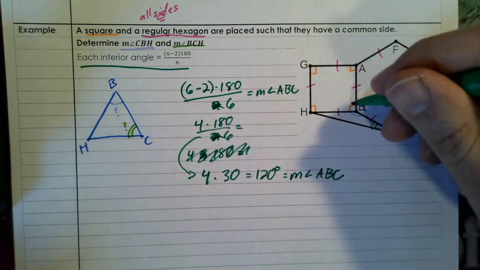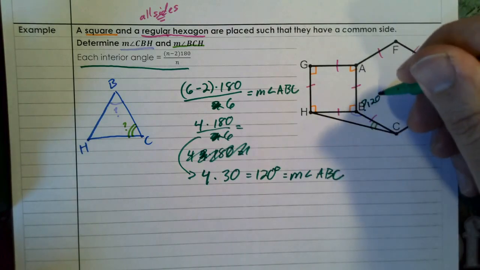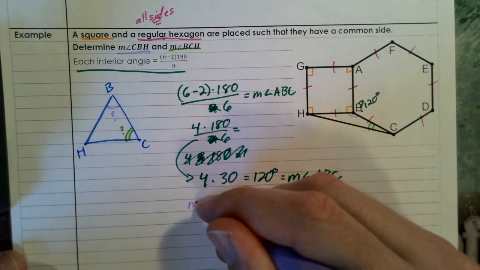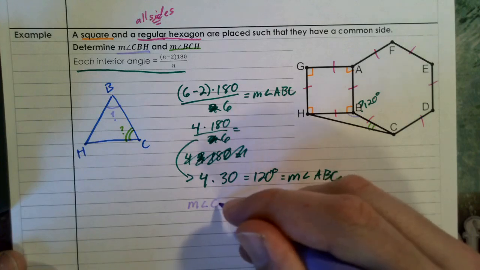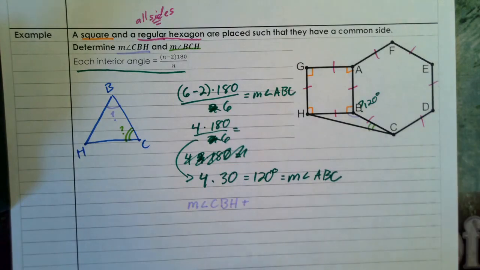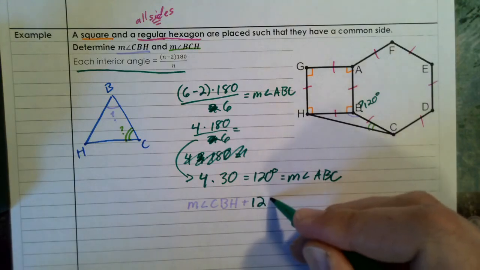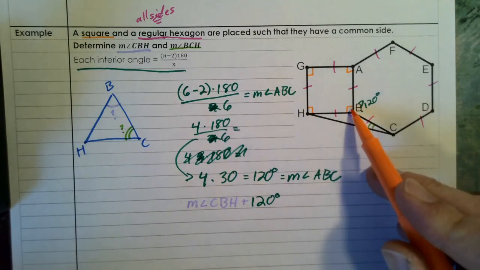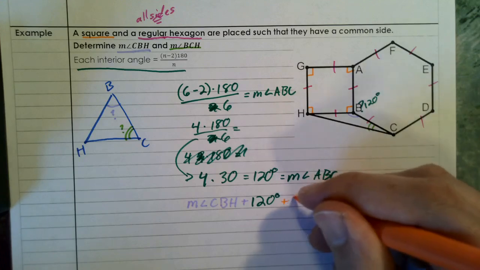Great. So I know this is 90. I know this is 120. I still want to figure out the measure of CBH. And I can find that by saying, okay, well, the measure of angle CBH plus the measure of ABC that I just found, that's 120 degrees, plus that right angle that's right here has got to be 90 degrees.